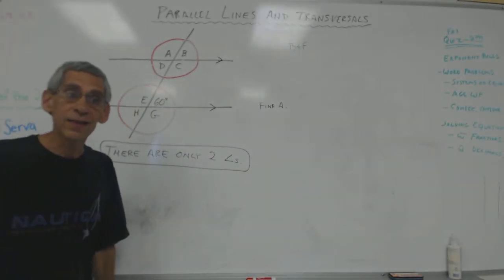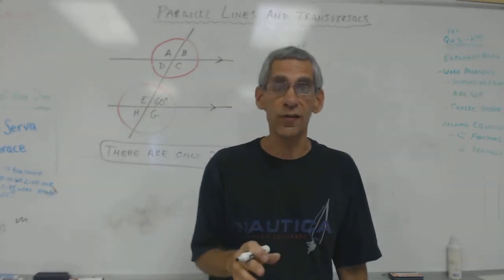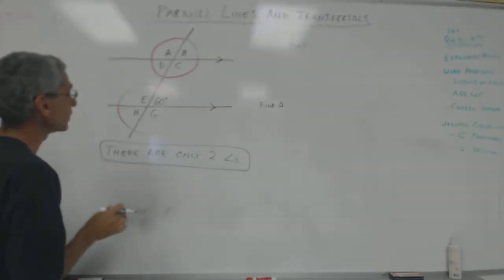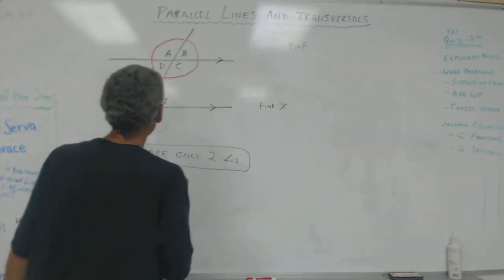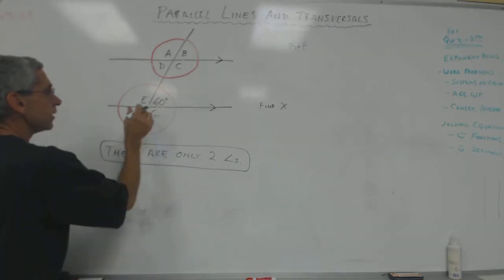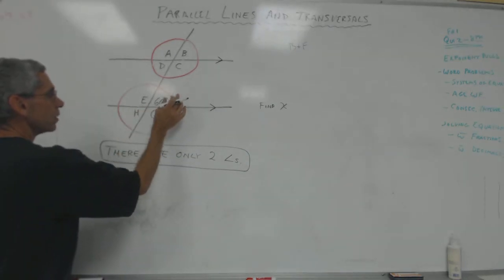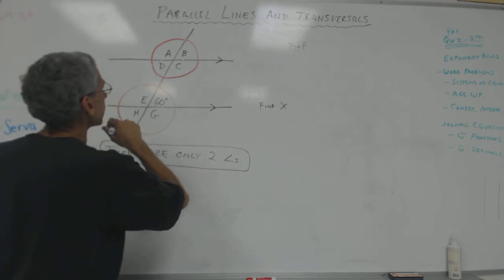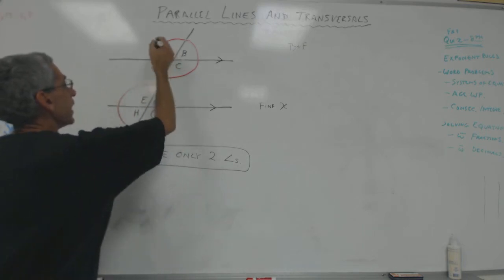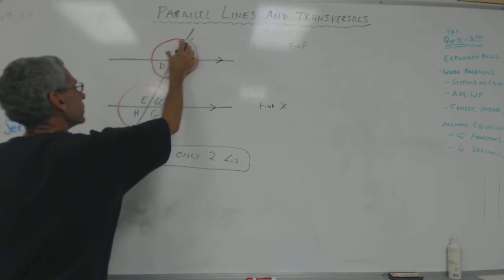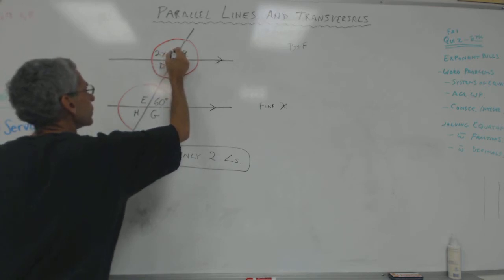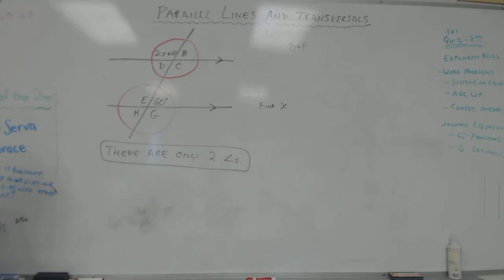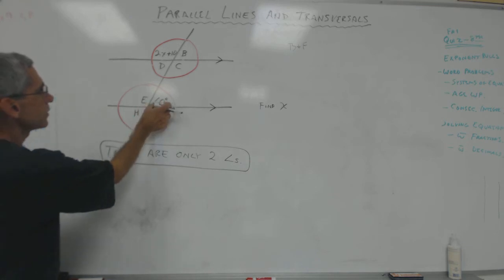Okay, so then the third section of the homework is more fun, right? It's going to say find X, and I'll give you something like this: say 2x plus 10. Then I have to figure something out: what do I know about this angle and this angle?